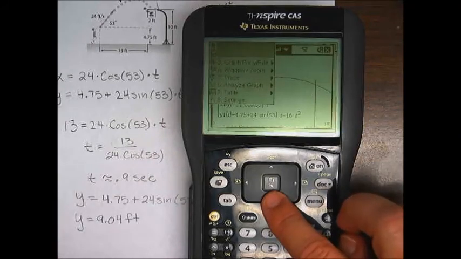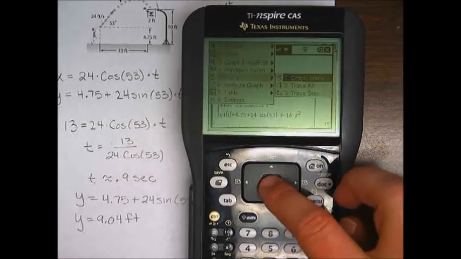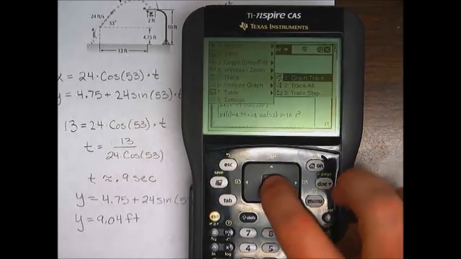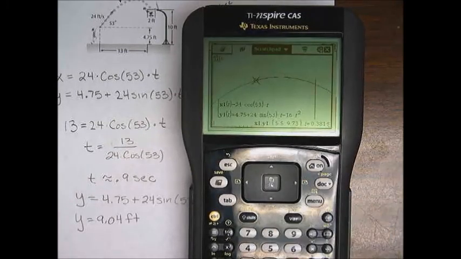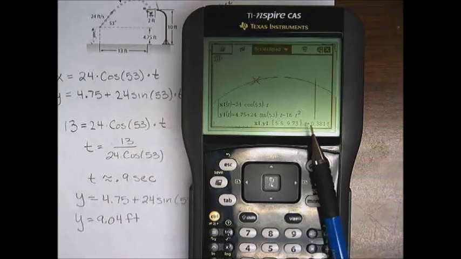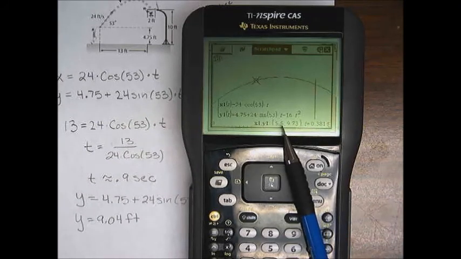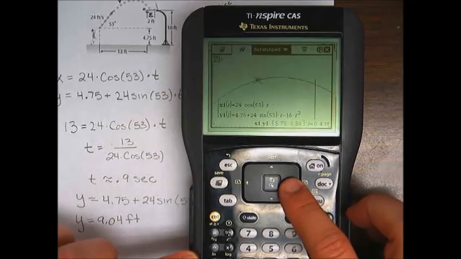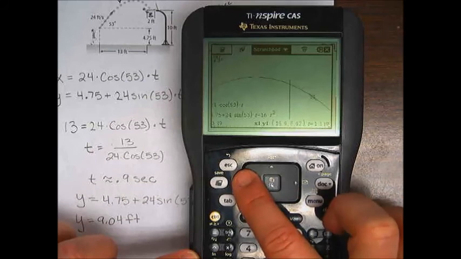Last thing, I can trace along here to show you that. And we can see here it shows us the time, the horizontal distance, and the vertical distance. So if we trace along, we can see that, oops, went a little fast there.